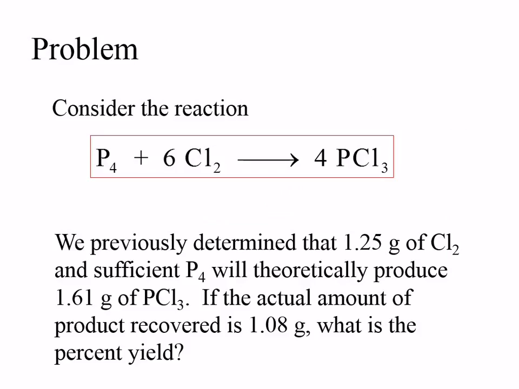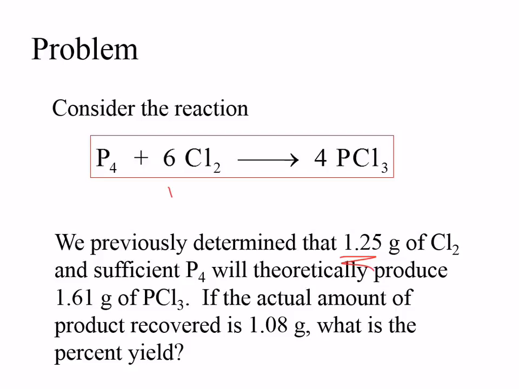All right, so let's do an example. I think it was ordinary stoichiometric calculations, because we said that the P4 was in excess. A few parts ago, we did this calculation.